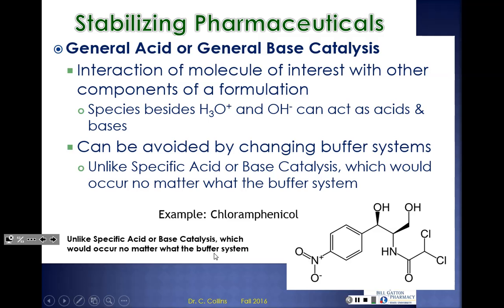We can keep the same pH, use different components, and no longer have the catalytic reaction. With a specific acid or specific base, we can change the components forever, and the reaction's still going to occur at a certain pH.